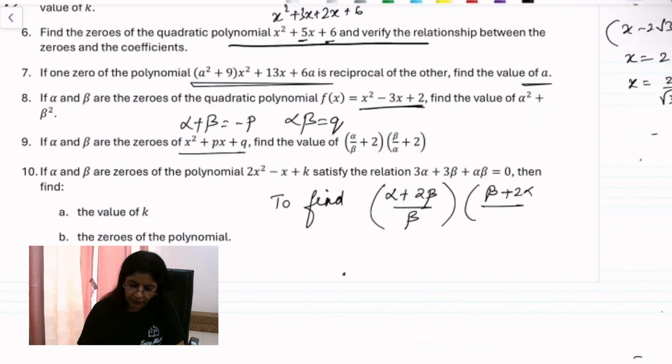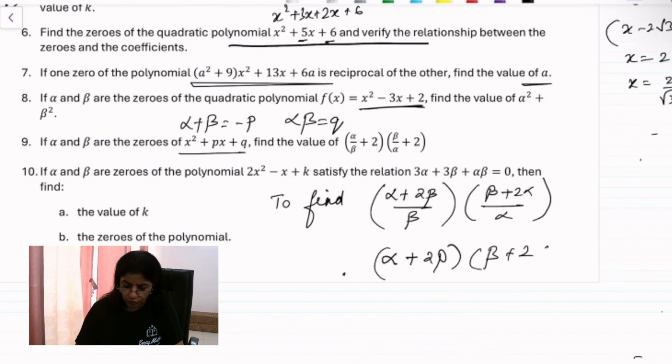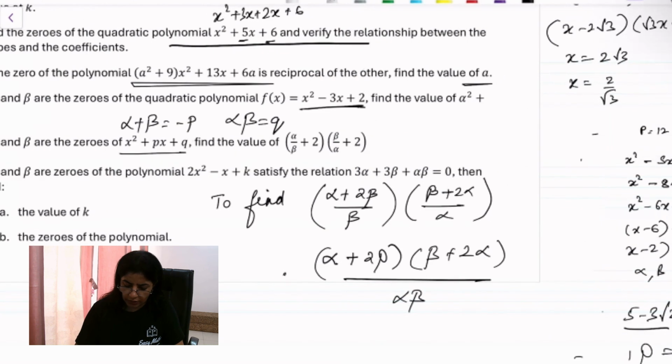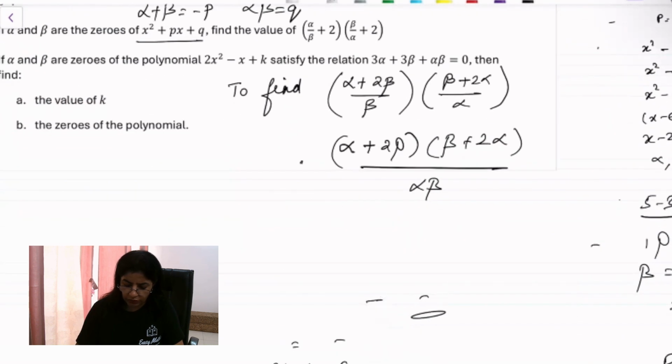Here also if I take the LCM, it will become 2 alpha upon alpha. Now multiplying, I will get alpha plus 2 beta into beta plus 2 alpha, and the denominator is alpha beta.